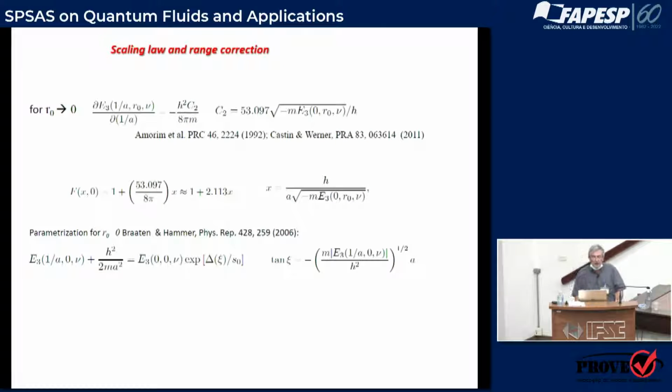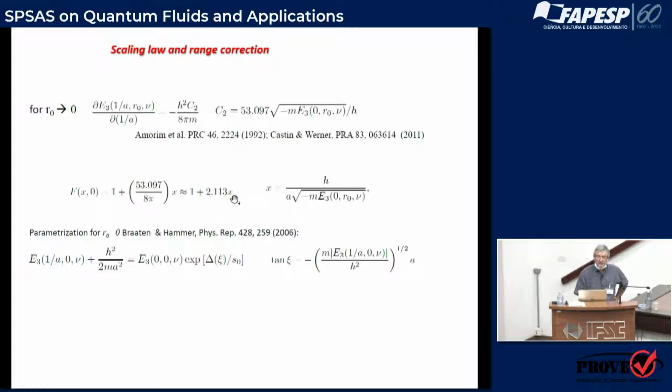Okay, so people have already looked at this problem, at least when the range goes to zero. People have computed this derivative, our group and other groups, and this is a universal number. So this is the first term of that function f of x, this number 2.11 times x.